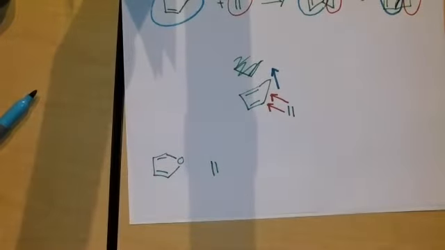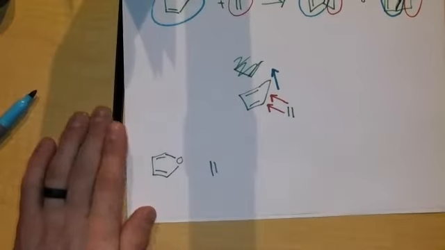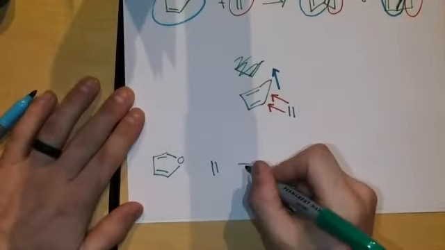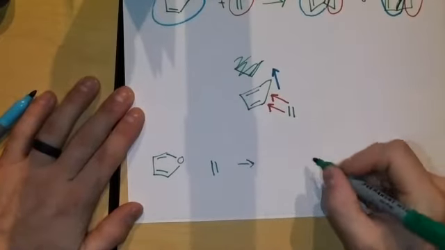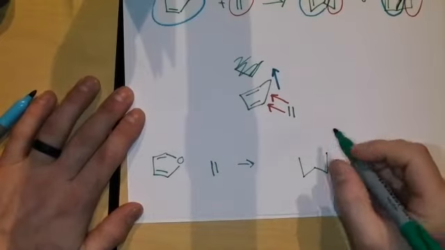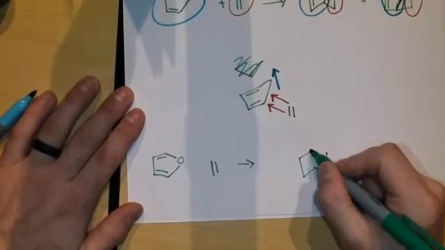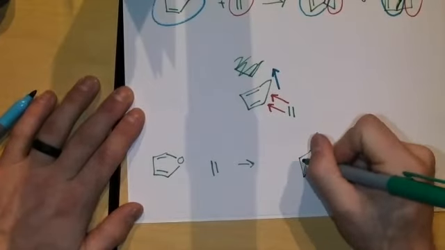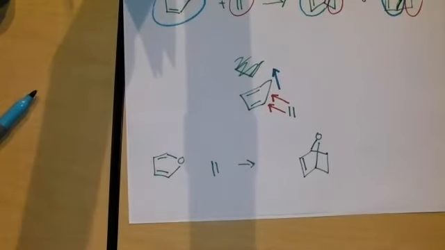So throwing an oxygen in this bridge position, it kind of immediately tells you where that bridge is. So when I draw this as a 3D form, it's going to look like this here.